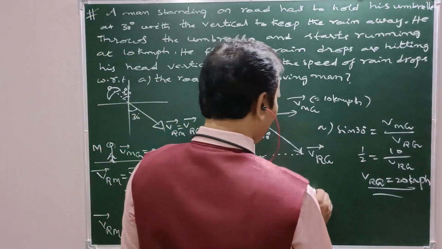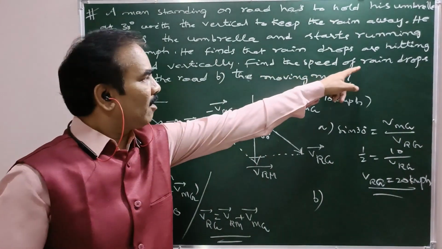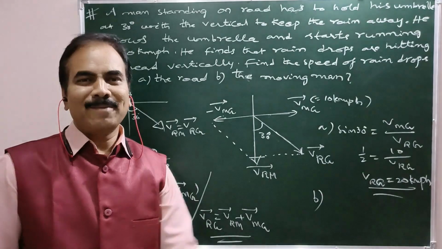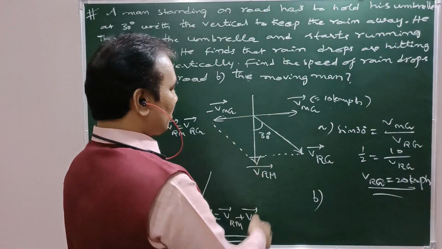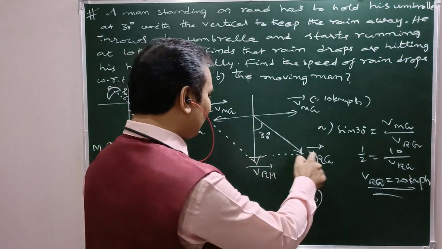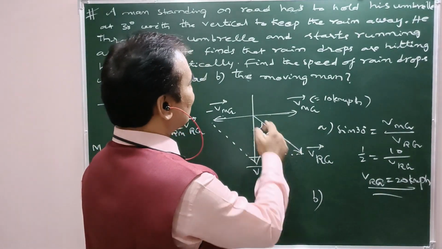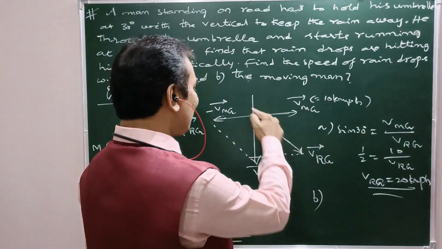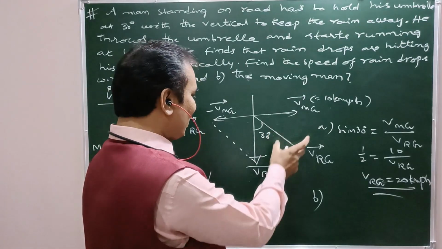Now question B. What is question B? We need to find velocity of raindrops with respect to moving man. Means VRM. So here VRM is question mark. VRM means see in this right angle triangle. This is what one side, this is what one more side, this is what hypotenuse. So in this right angle triangle, side equal to root over hypotenuse square minus side square.